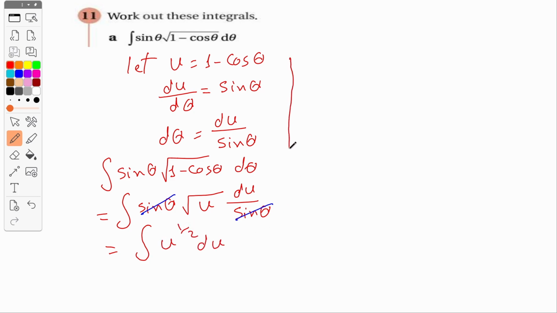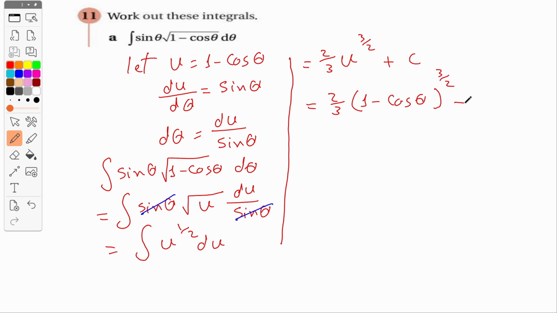Next, we need to integrate this one. This is easy to integrate just by adding 1. It will be u power of 3 over 2. Dividing by 3 over 2 means multiplying by the reciprocal, which is 2 over 3. Then plus c. Okay, now let's plug in u. So the final answer will be 2 over 3, and instead of u, we write 1 minus cosine theta, power of 3 over 2, then plus c.